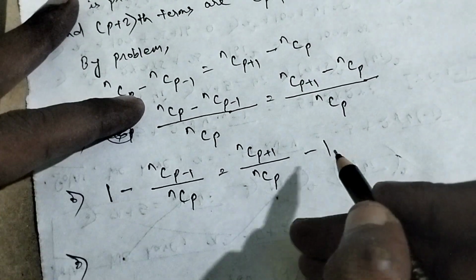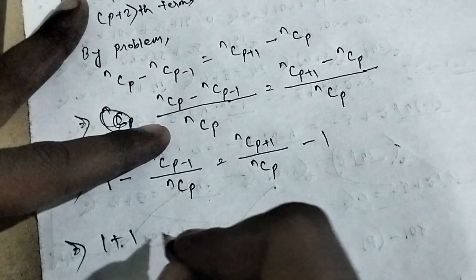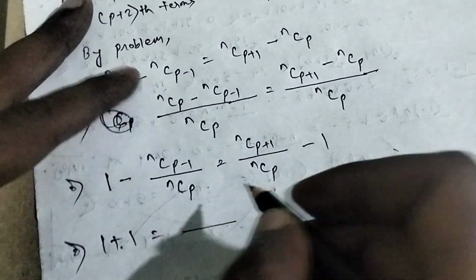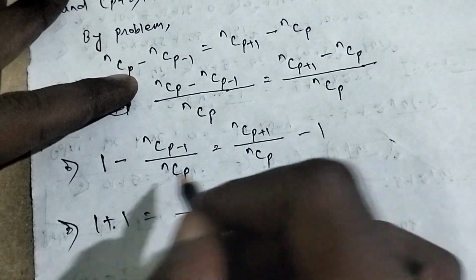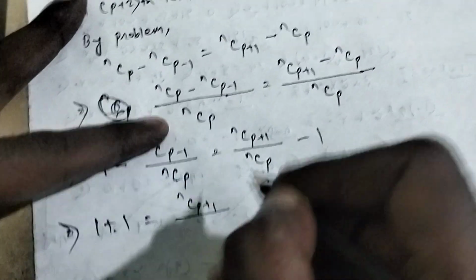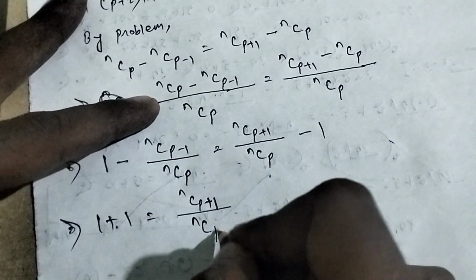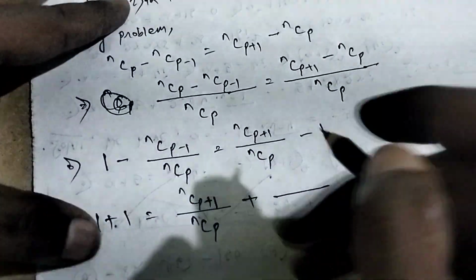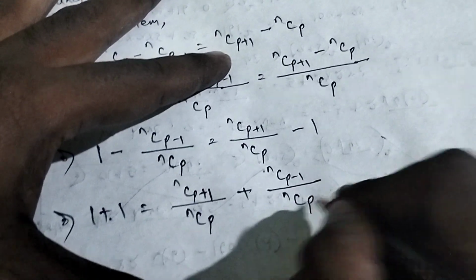So this 1 from the right hand side I am taking to the left hand side. 1 plus 1 will be, nC(p plus 1) by nCp, and I am taking this from the left hand side to the right hand side, plus nC(p minus 1) by nCp.